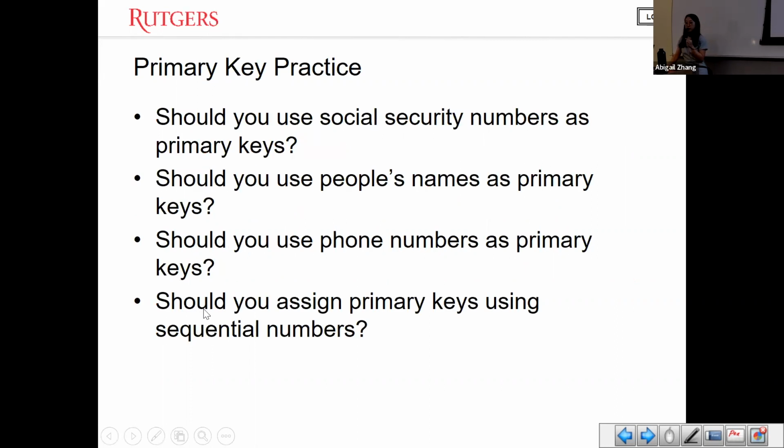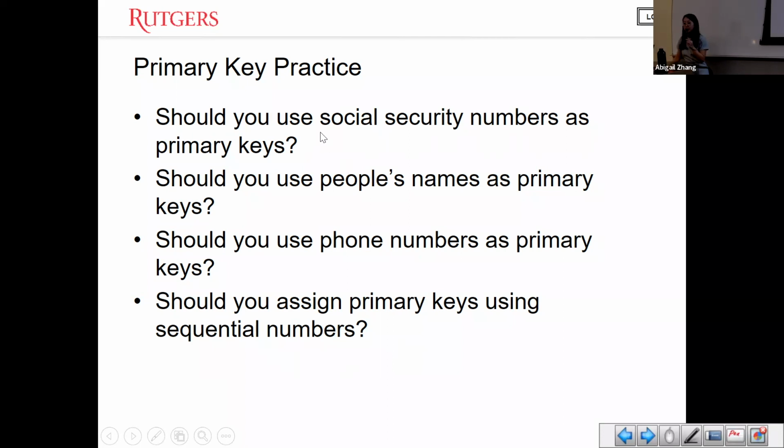Lastly, let's say for a school, Rutgers University or other institutions, can they assign some kind of serial number to represent each individual and manage it? The last one already gives you the answer. The best practice to assign a primary key is that, let's say for a firm, if they want to identify their employees, they usually assign employees a serial number as the primary key instead of using their SSN.